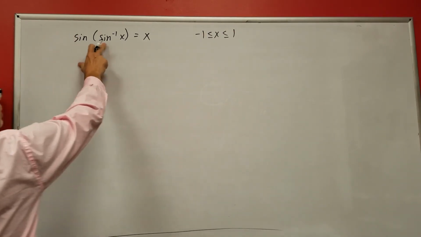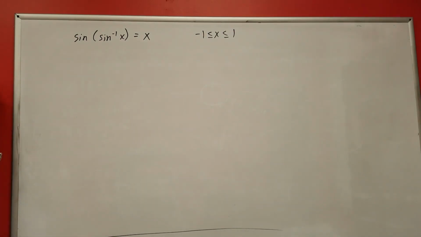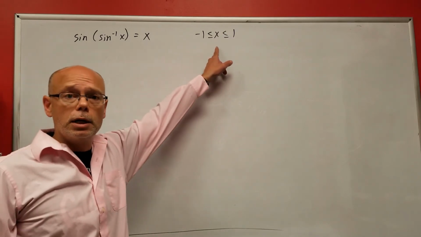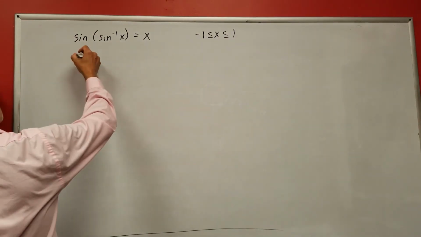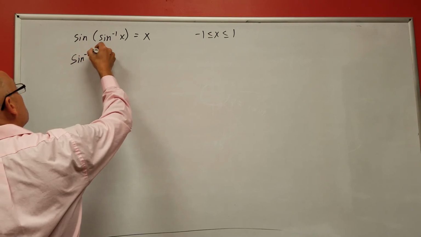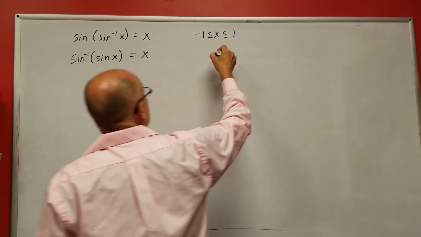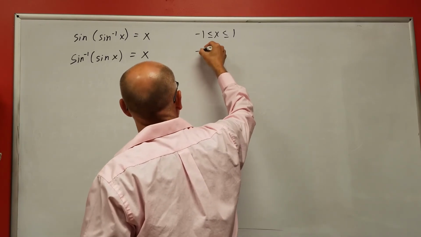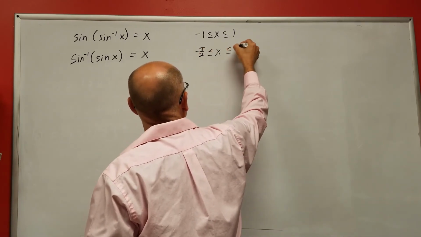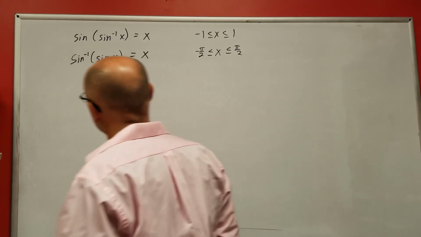So if I compose the sine with the inverse sine, it's equal to x as long as x is between -1 and 1. Also, what if I compose the inverse sine with the sine of x? That's equal to x as long as x is between -pi/2 and pi/2.